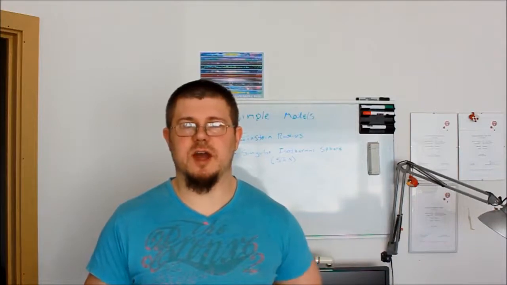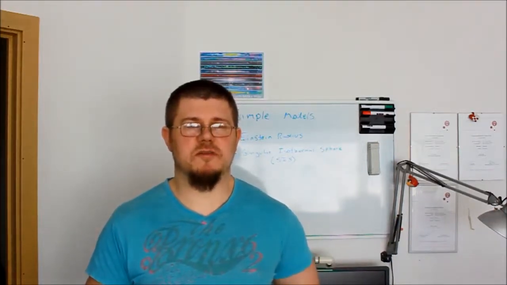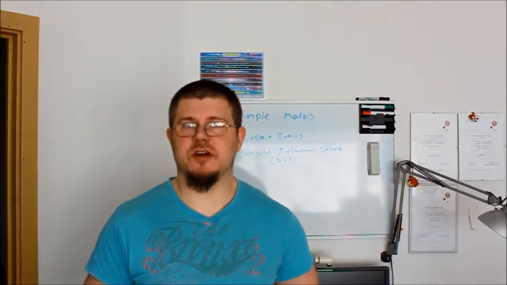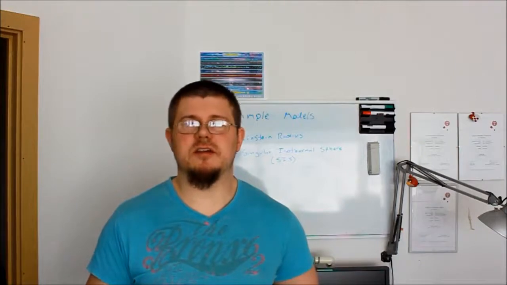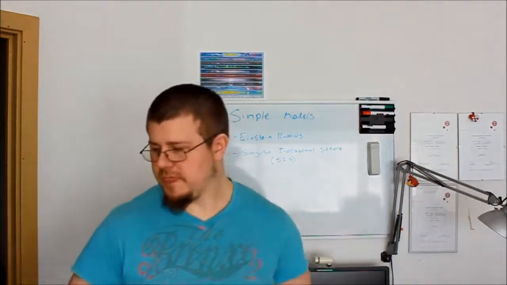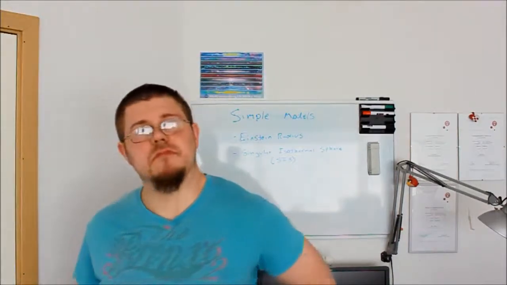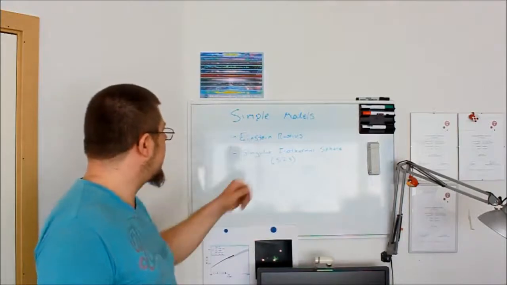That is, we have to find an approximation for these equations, and then calculate them using computers. For this video here, I will introduce, as you can see up here, simple models.